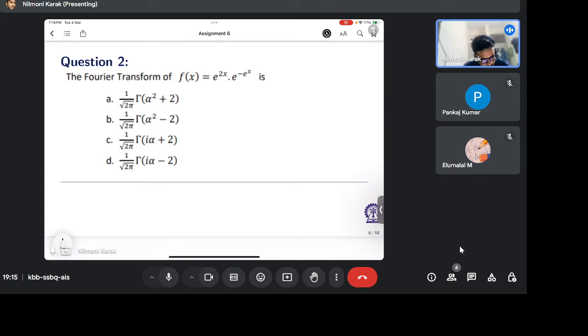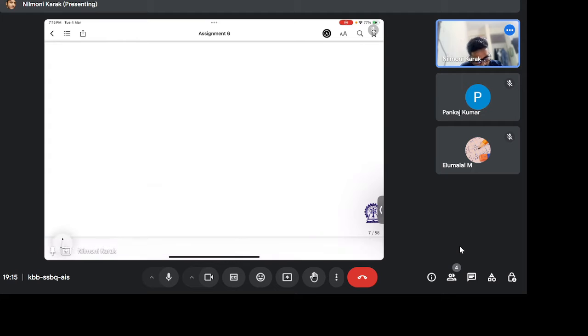Next problem: you have to find the Fourier transform of e to the power 2x times e to the power minus e to the power x. So your f(x) is e to the power 2x e to the power minus e to the power x.